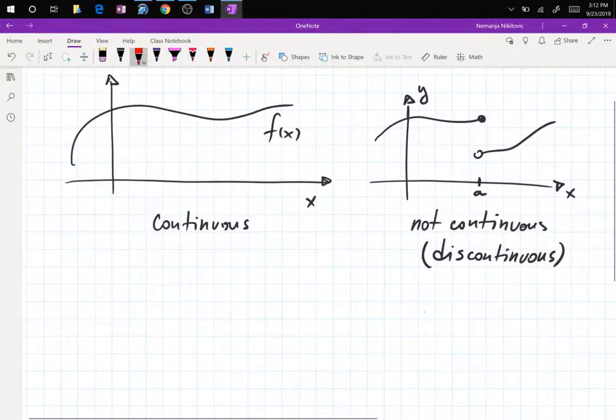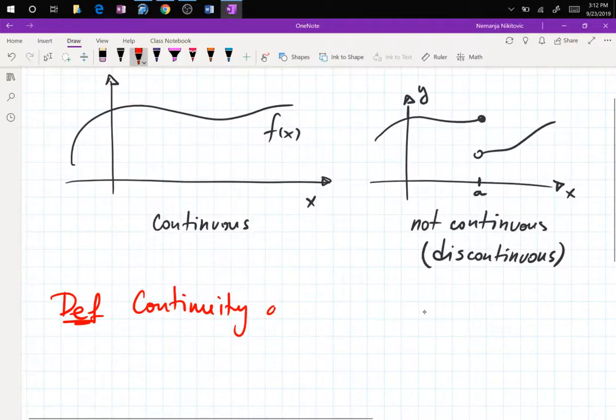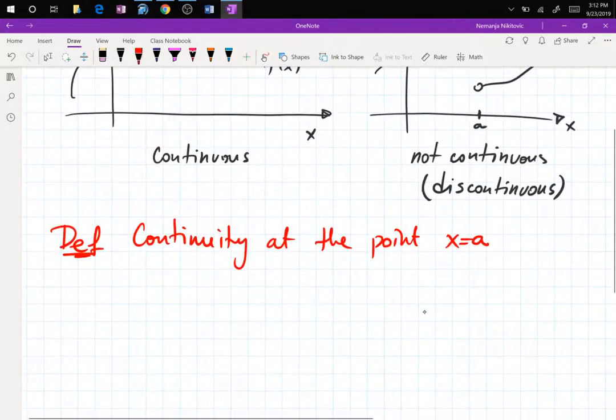So we start with the definition of continuity at the point, and I'll say x equals a. That's the value that you are examining, and at a, the function will be continuous or it will be discontinuous.